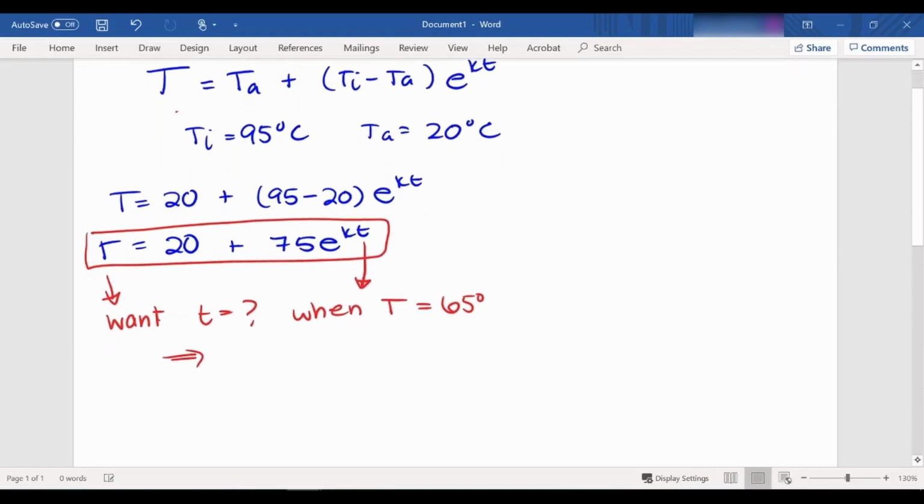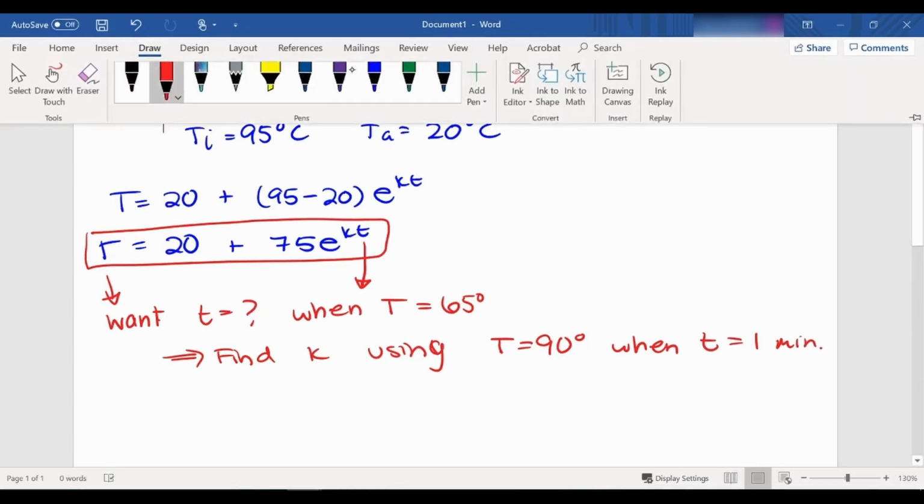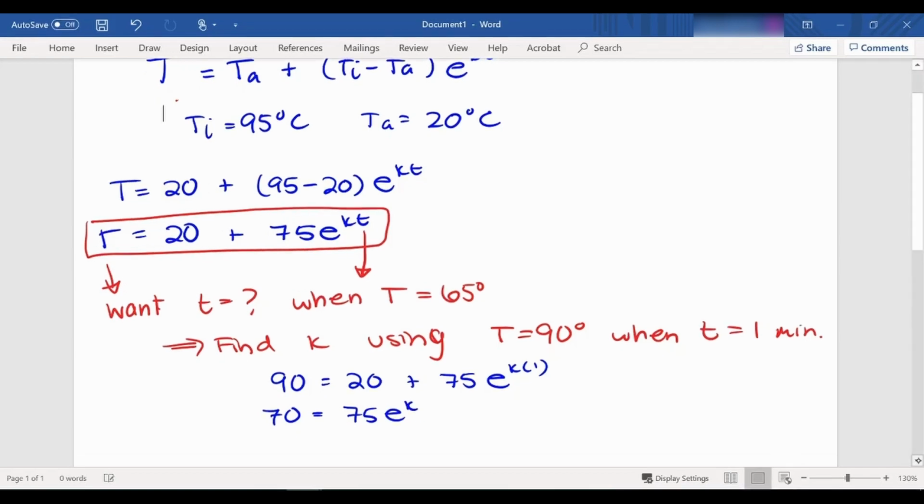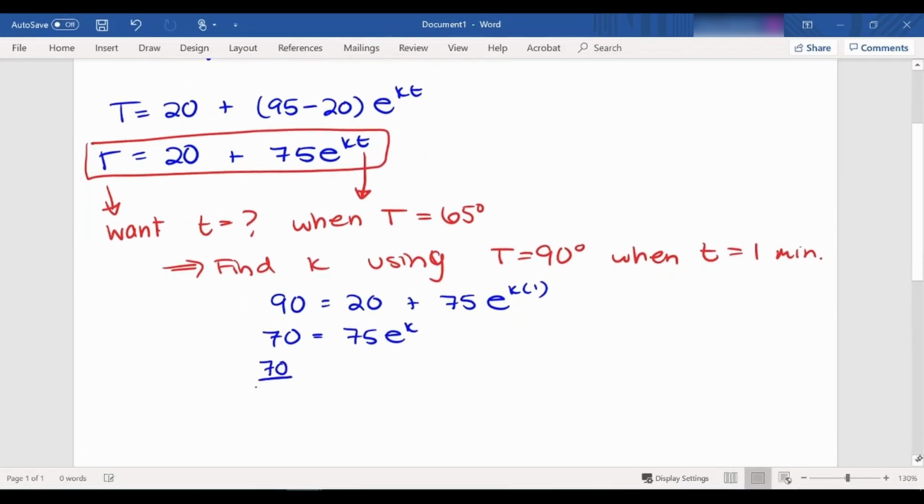And I'm going to find k using the information that T is 90 degrees when little t is 1 minute. So if I do that, I've got 90 equals 20 plus 75 e to the k times 1. If I subtract 20 from both sides, I get 70 equals 75 e to the k. If I divide both sides by 75, I get 70 over 75 equals e to the k.